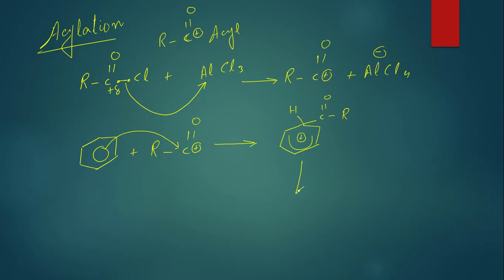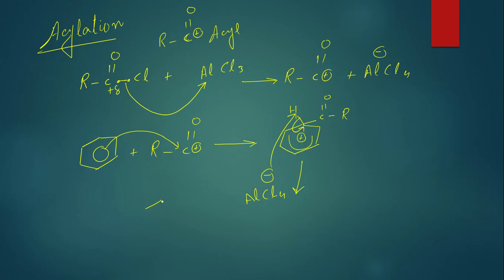As usual, AlCl4 negative extracts this hydrogen and the ring turns back to its original position.